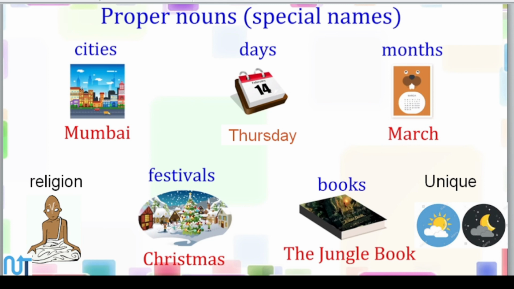So they are always written with capital letters. Just remember, okay? Names of cities, days, months, religions, festivals, books, and any unique thing in the world have a specific name. Hence, it's always a proper noun.